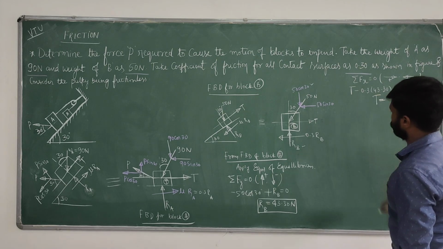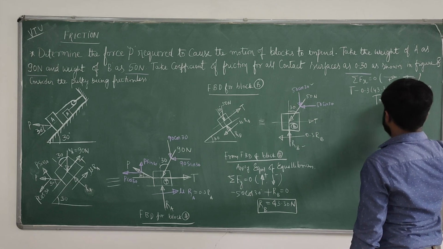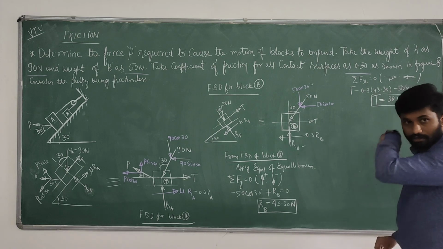What is the T value? T equals 50 sin 30 plus 0.3 multiplied by 43.30, which is 38 Newton.